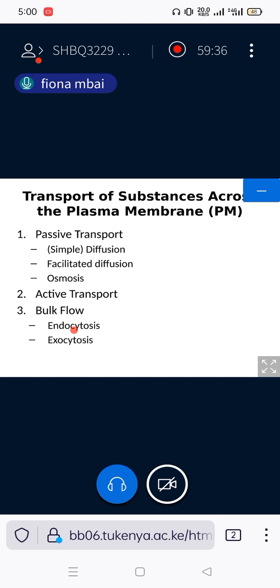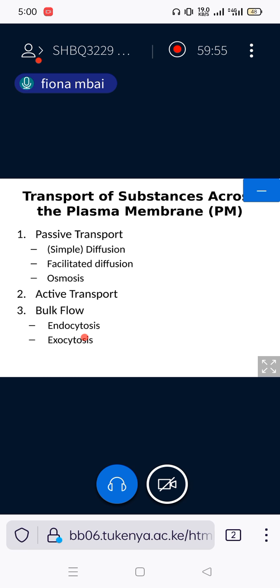Bulk flow is of two kinds: endocytosis, bringing in, and exocytosis, out. And you know cytosis, cyto, referring to the Latin for cell.